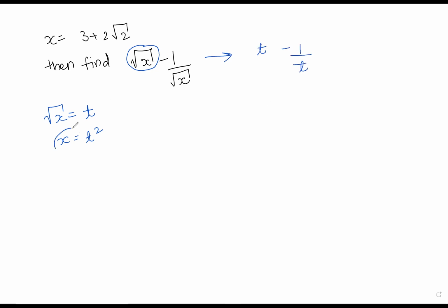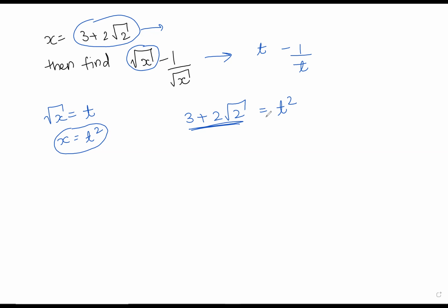Now we said x is equal to t square. So we have said 3 plus 2 root 2 is equal to t square, right? That means this is the square of something.